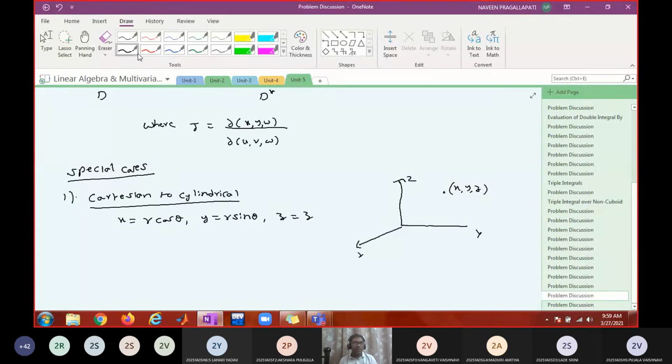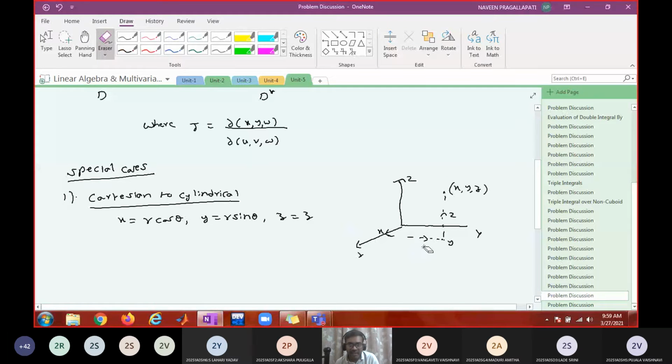First, you go x units in the x direction, then you go y units in the y direction, then you go z units in the z direction, then you will reach the destination. Do you agree? That is how we can reach a point in the Cartesian coordinate system.